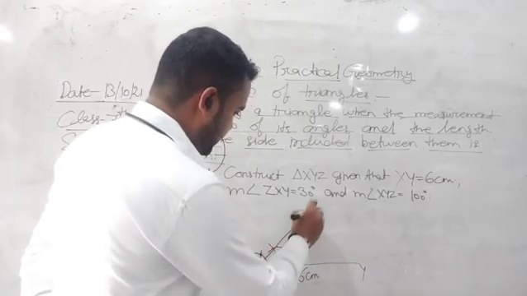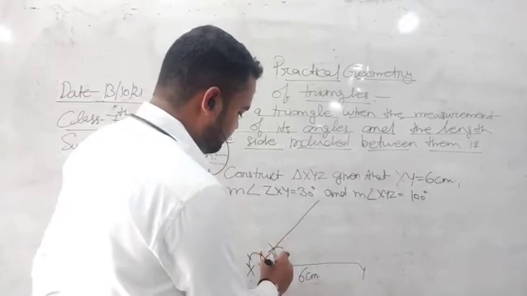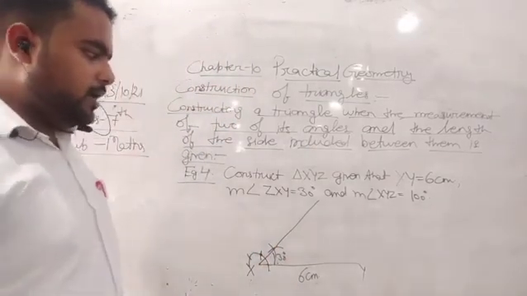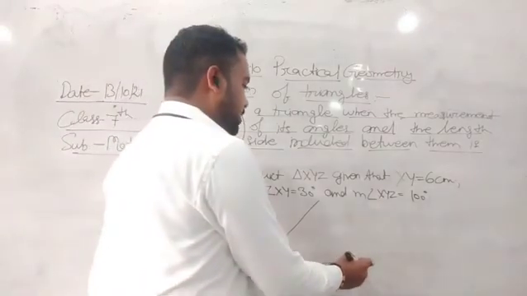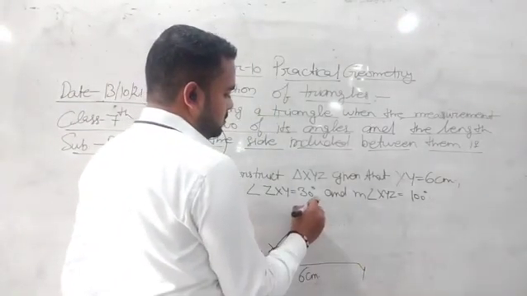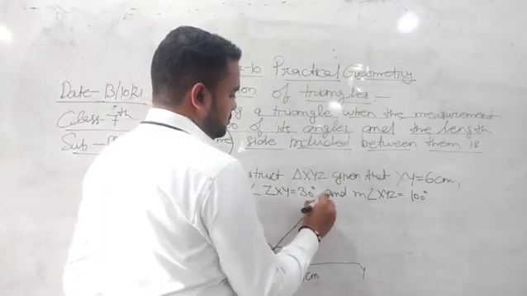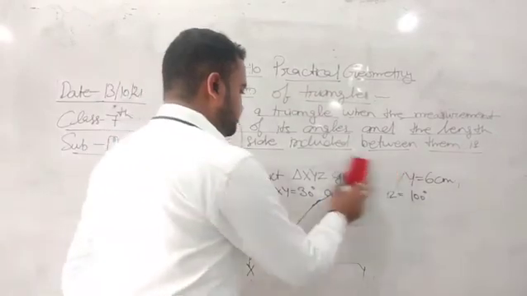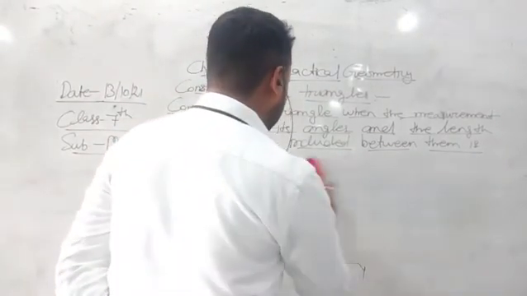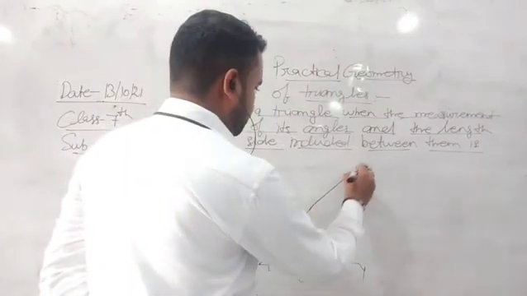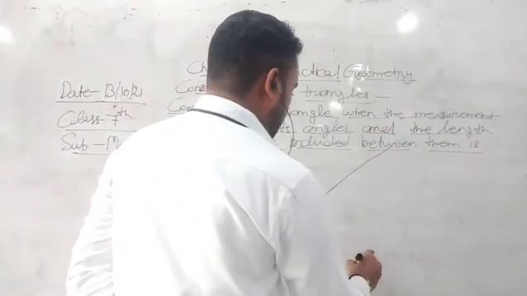Here is your angle of 30 degree. And from Y with the help of protractor draw an angle of 100 degree.